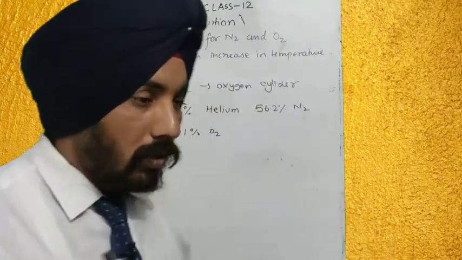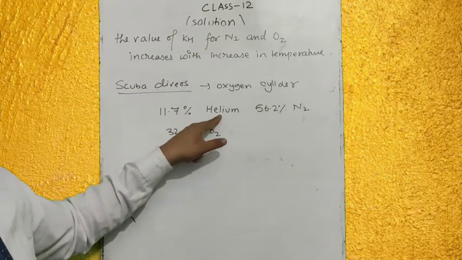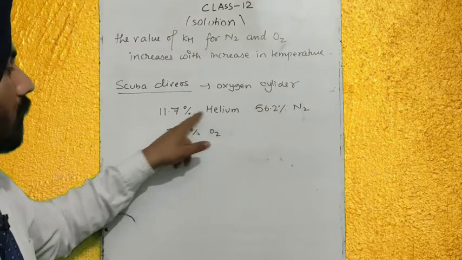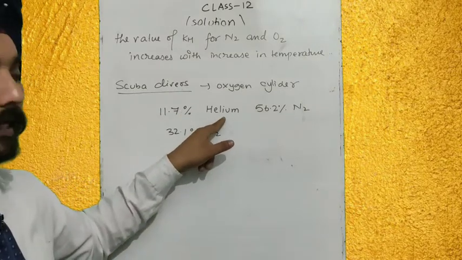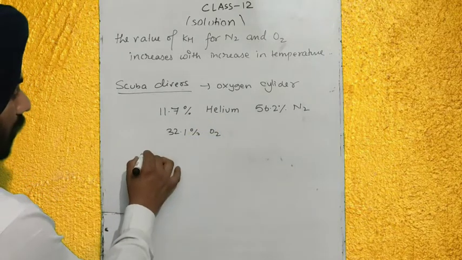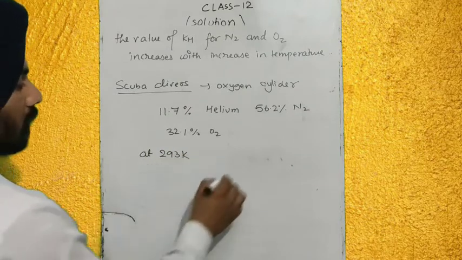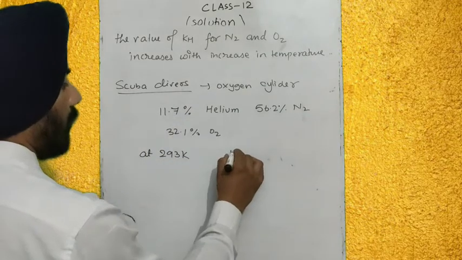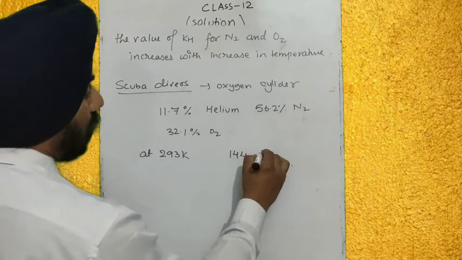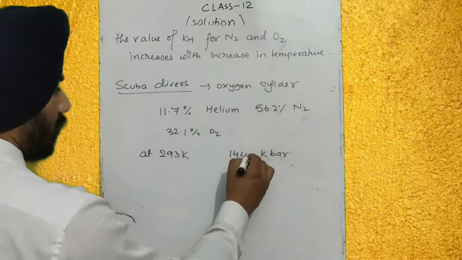Okay, so to prevent this condition of bends, what is added in the scuba diver cylinders? 11.7% helium. Why are we adding this one? Because at 293 Kelvin, helium's KH value is 144 kilobar, about 144.7 like that.